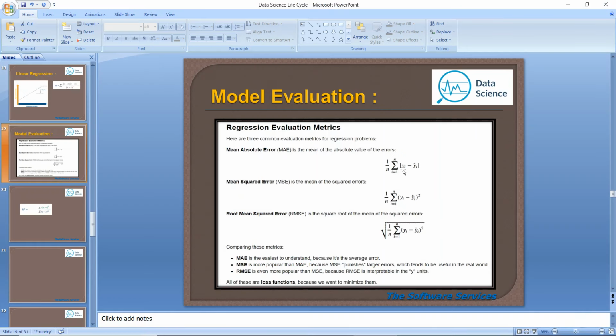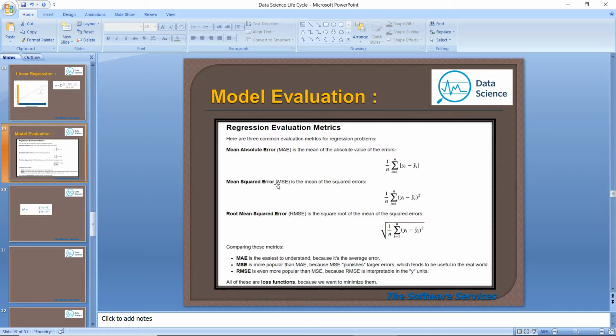Okay, so mean means it will find the mean error. Okay, so that's why the 1 by n comes up here, and then first it will calculate, then it will take the mean of that.